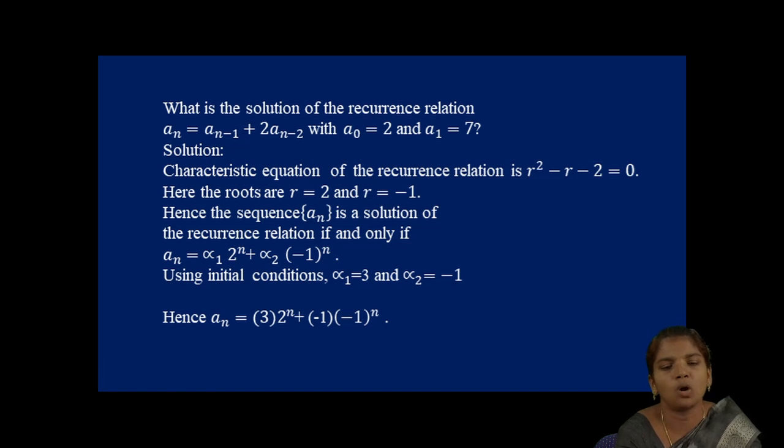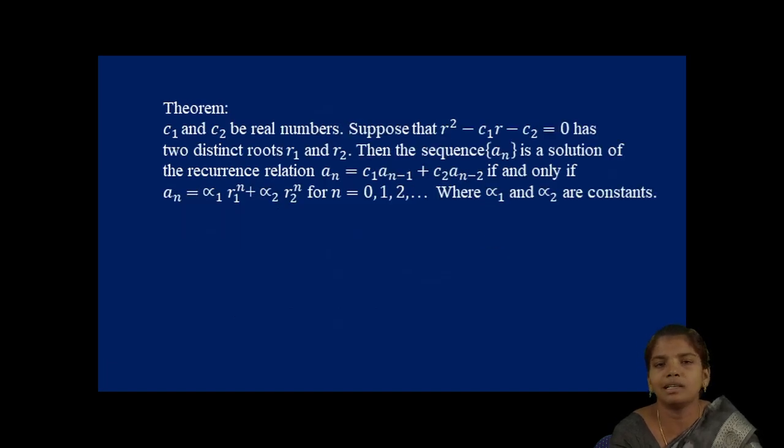Now we can see the solution. First we write the characteristic equation using this theorem. The relation is a_n equal to c1 a_(n-1) plus c2 a_(n-2), with characteristic equation r squared minus c1 r minus c2 equal to 0.